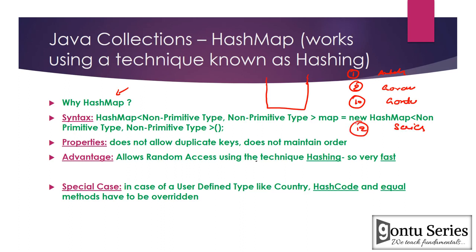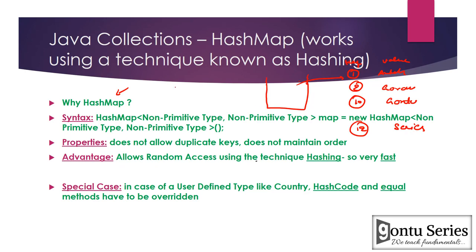Now what does it mean? It means you have stored key value pairs in it. You have stored one key value pair, 1 as key and value as Ankush, 2 as key, value as Gaurav, 10 as key, value as Gautam, and 12 as key, value as Shreya.